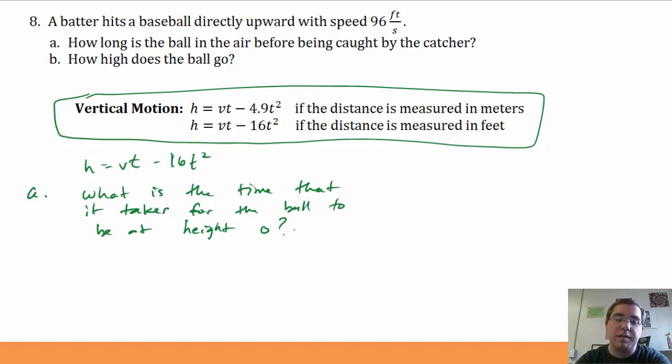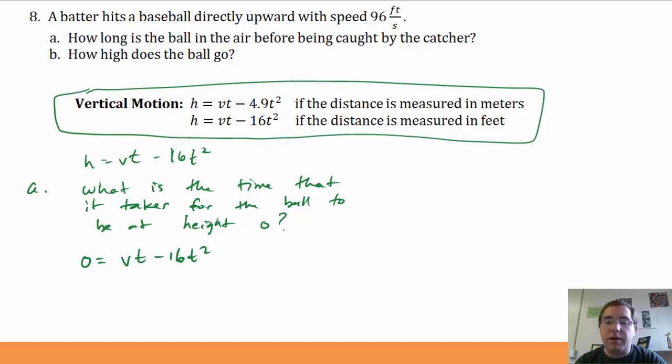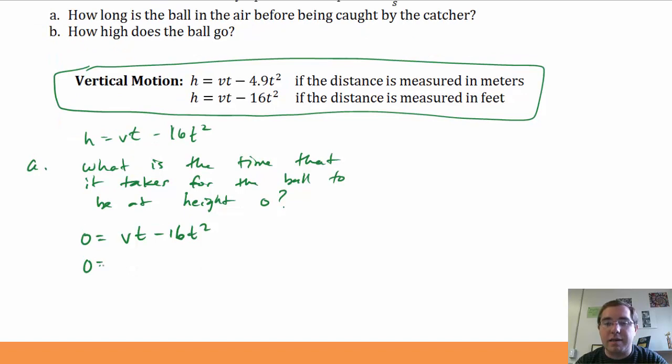That's where the catcher is, at ground level, height 0. h is the height. So we're going to say 0 equals vt minus 16t squared. We're making the height, h, be 0. But we know what v is. v is the speed, which is 96 here. So 0 equals 96t minus 16t squared.